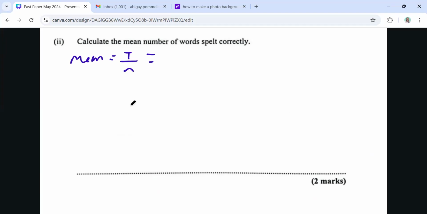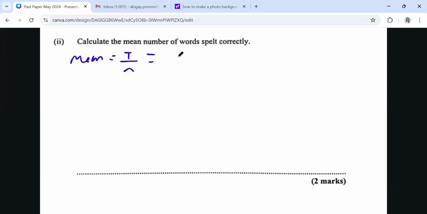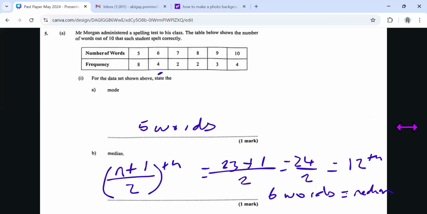So the first one was 5 and 8. 5 times 8. Next one is 6 and 4.